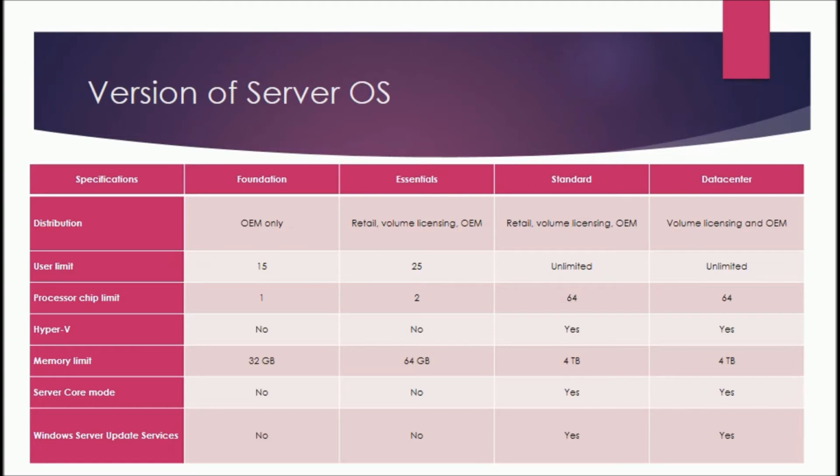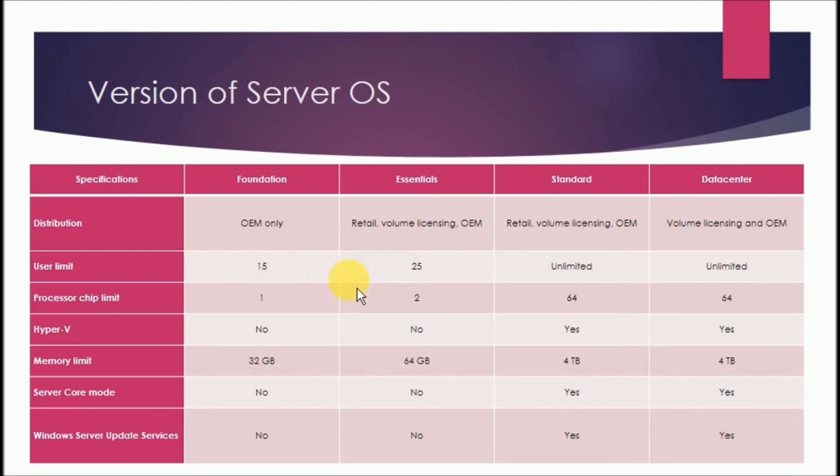Now we're going to talk about the versions of the server operating system. Basically, it comes with 4 different versions: Foundation, Essentials, Standard and Datacenter. If you look carefully, the Foundation and Essentials versions have some limitations.